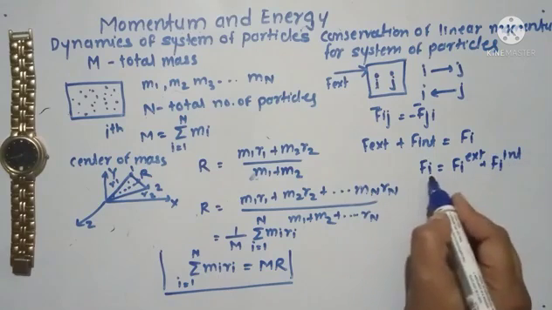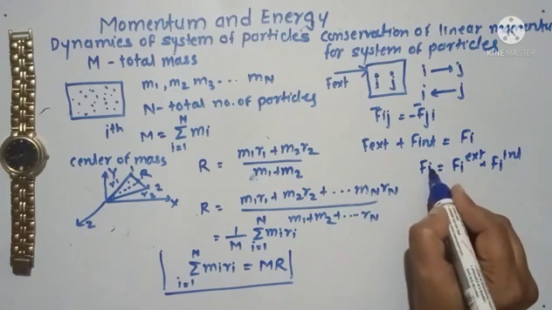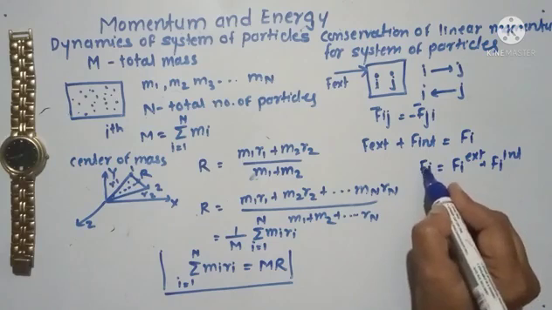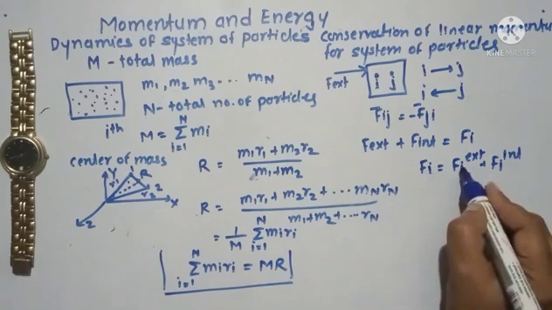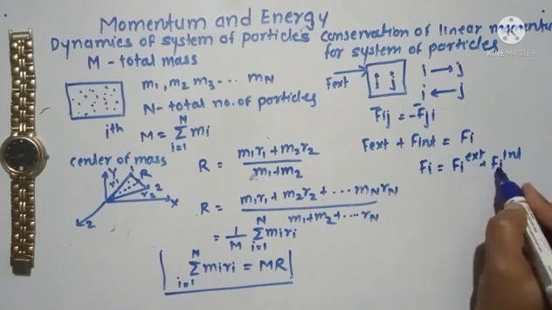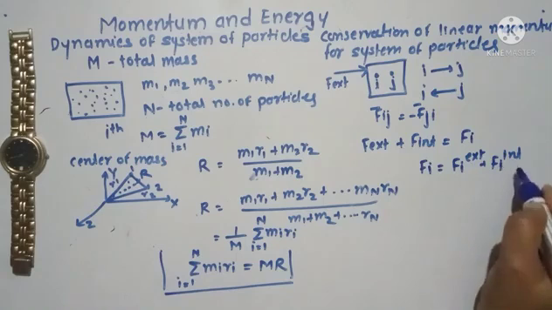We are checking it only for one particle, so I have considered one particle as i. So the total force acting on the ith particle will be the force externally applied on it plus the force applied internally due to the other particles.